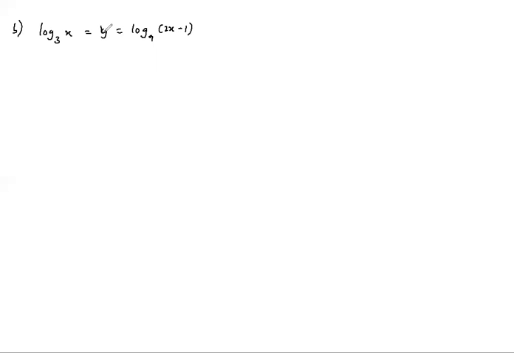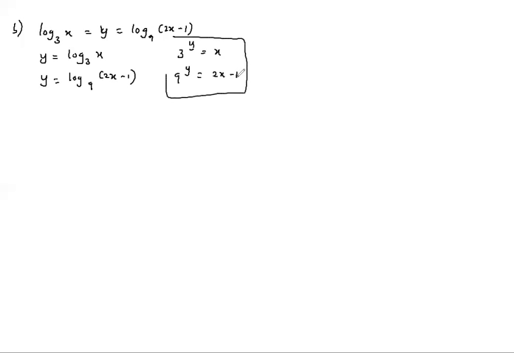So this means that y is equal to log base 3 of x, and the same y is equal to log base 9 of 2x minus 1. The first one in exponential form is 3 to the power y is equal to x. The second one is 9 to the power y is equal to 2x minus 1. So we are solving these two equations simultaneously.